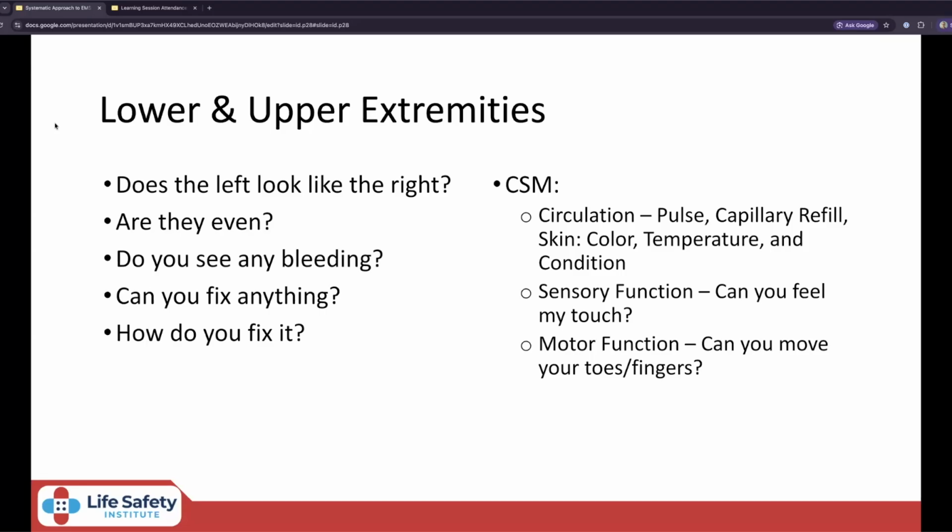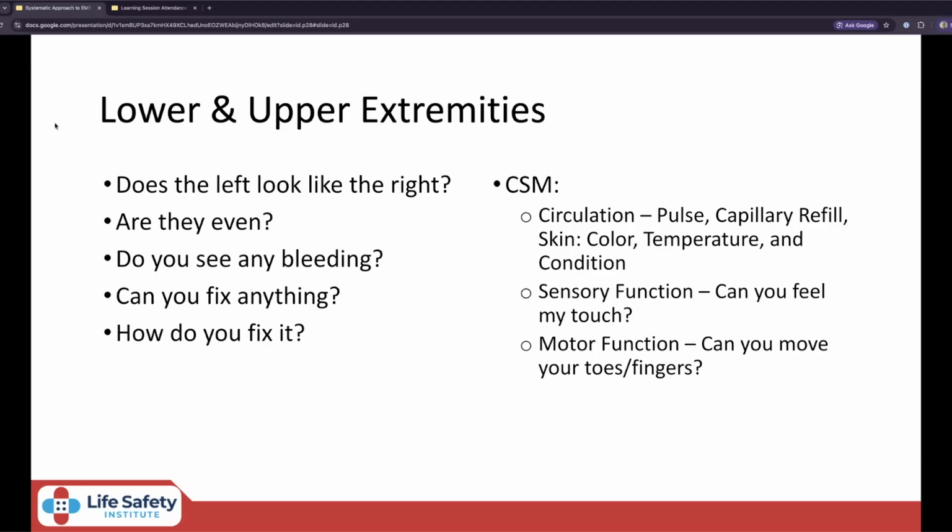But if there's something you can fix, we will want to fix it. Typically, we fix the immediate life threats right when we find them. And then we fix the non-life threats later on. Once they're in the ambulance, things are kind of stabilized. We're a little bit more sure as to our position. Then we're going to do some of these other interventions.